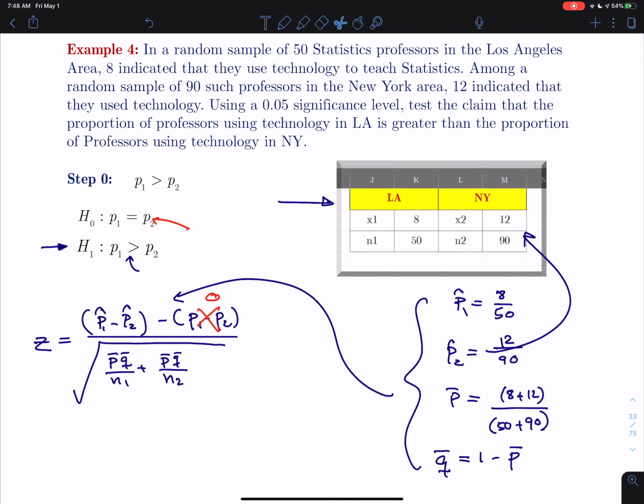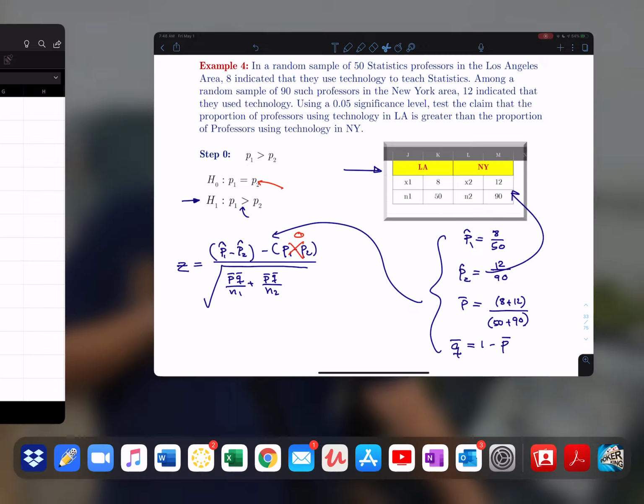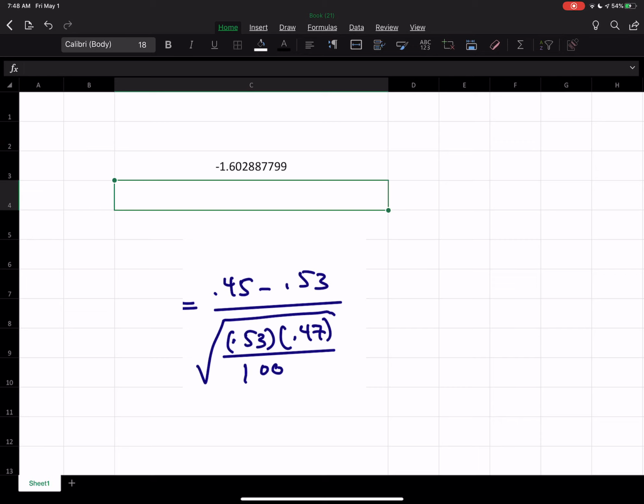So we can copy that. Now I'm trying to calculate the test statistics here, and I'm going to type that on Excel for you guys to see it. So let me proceed to my spreadsheet here. There we go. Let's see, insert. Where is my formula?